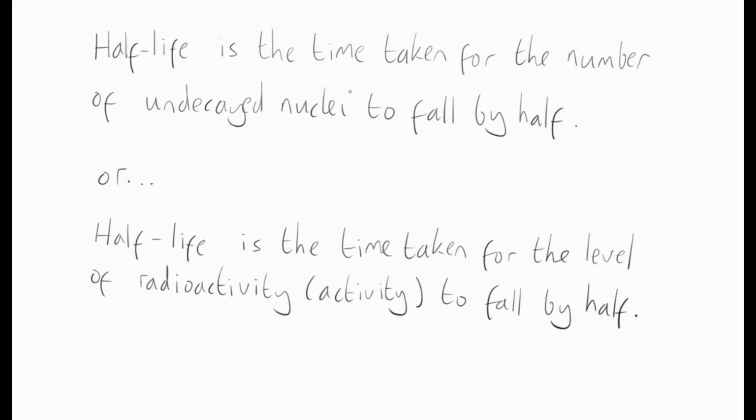It does not matter which one you use. The first one we started with was that half-life is the time taken for the number of undecayed nuclei to fall by half. The second definition is half-life is the time taken for the level of radioactivity, sometimes people just refer to it as activity, to fall by half. Both of those definitions are valid. It does not matter which one you use.